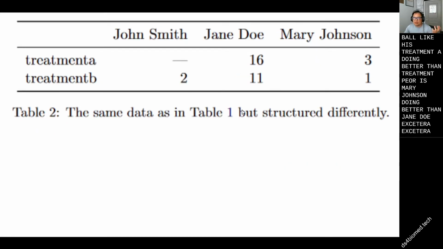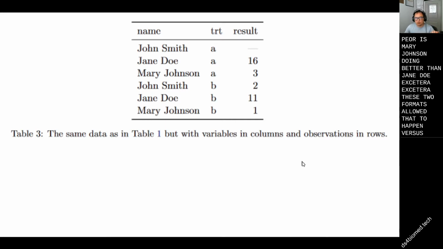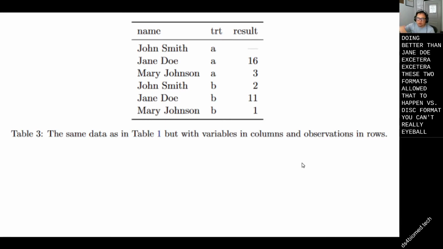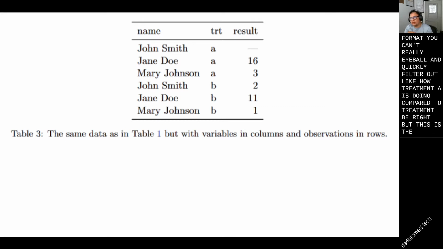These 2 formats allow that to happen, versus this format, you can't really eyeball and quickly filter out how treatment A is doing compared to treatment B, right? But this is the format that your data needs to be in if you want to process your data using a computer.